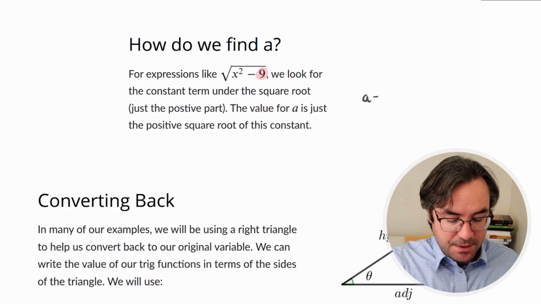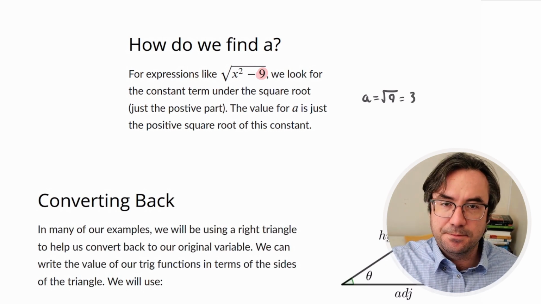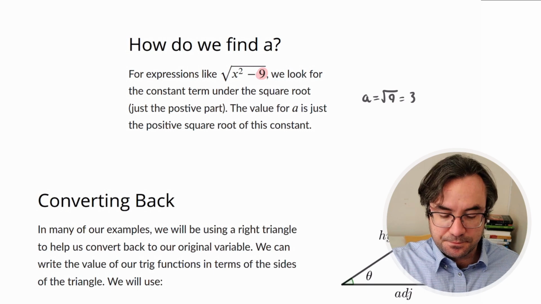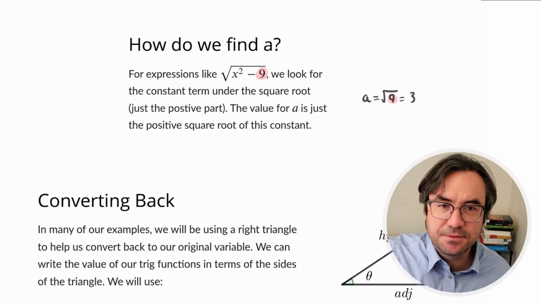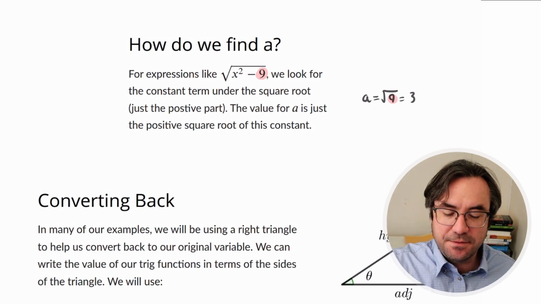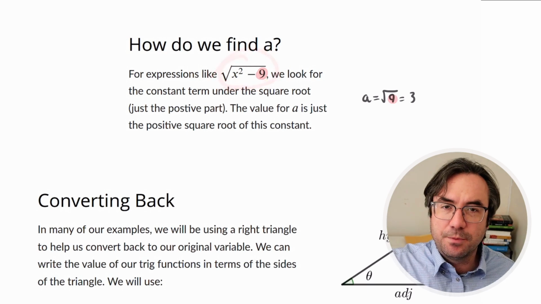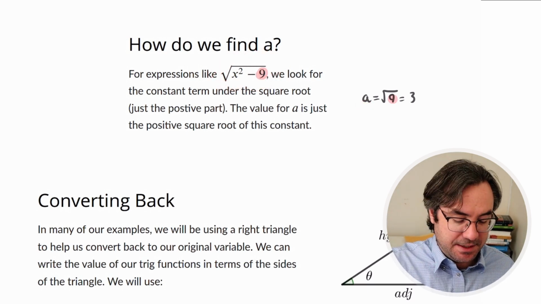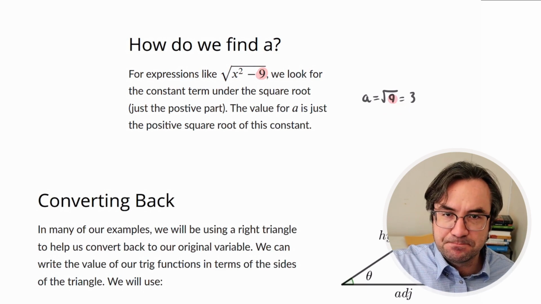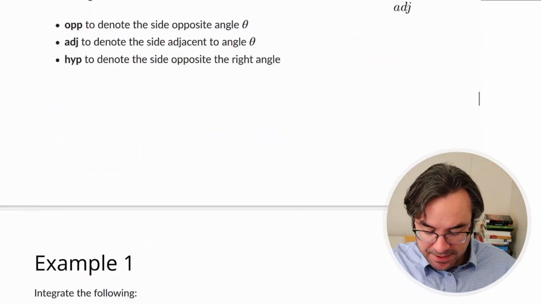So a is going to be the positive square root of 9, so 3. So once you look at your whole big square root term, you can figure out the a value by just looking at the constant and taking the square root of it.